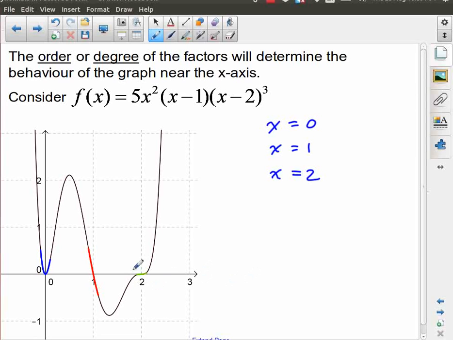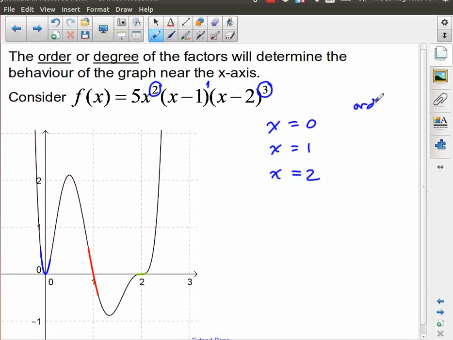Now I'm actually going to zoom in on each of these to show you and talk about why. What I'm claiming is that the order, this is an x squared, so this x equals 0 came out of an x squared. This x minus 1 is to the power 1, and this x minus 2 is to the power 3.